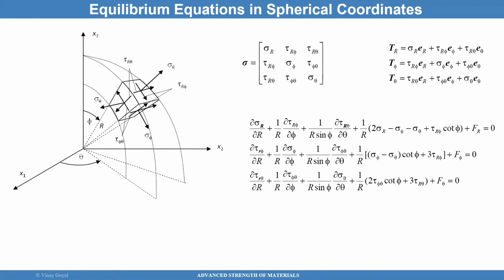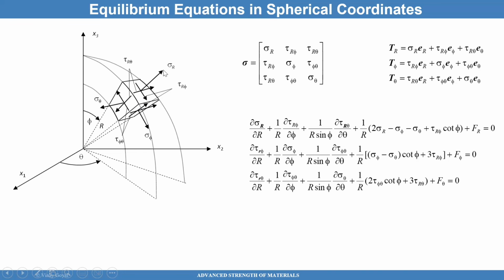Then there's a spherical coordinate system, where a particular point in the body is defined by theta, phi, and the radius direction, which is measured from the center or origin of this coordinate system. And what you see here is, for example, that sigma rr is perpendicular to this surface, and that makes sense.